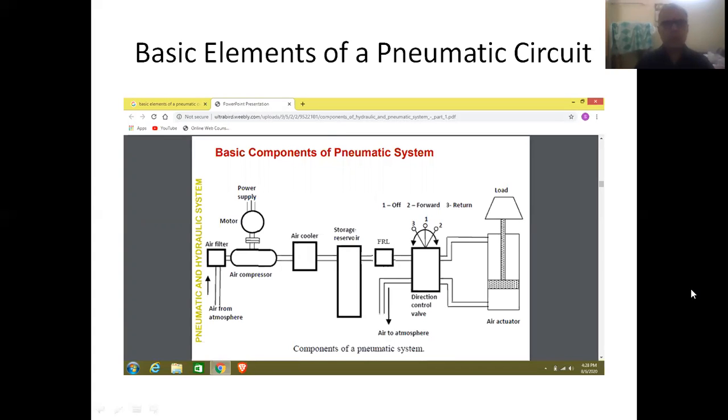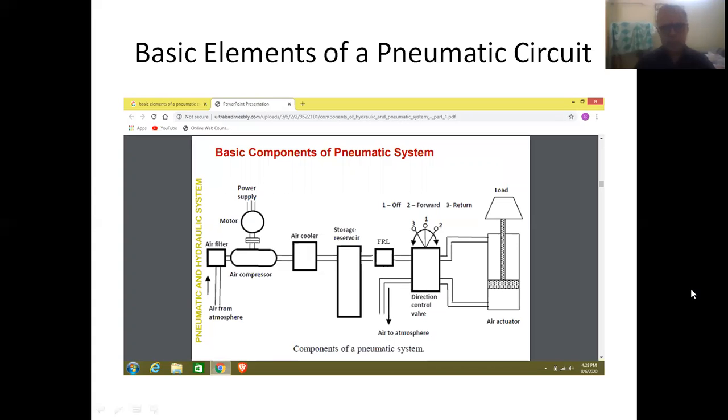Here we can see the arrangement of a pneumatic circuit, also called a pneumatic system. Here we find a cylinder placed in vertical position. This is called a pneumatic cylinder.